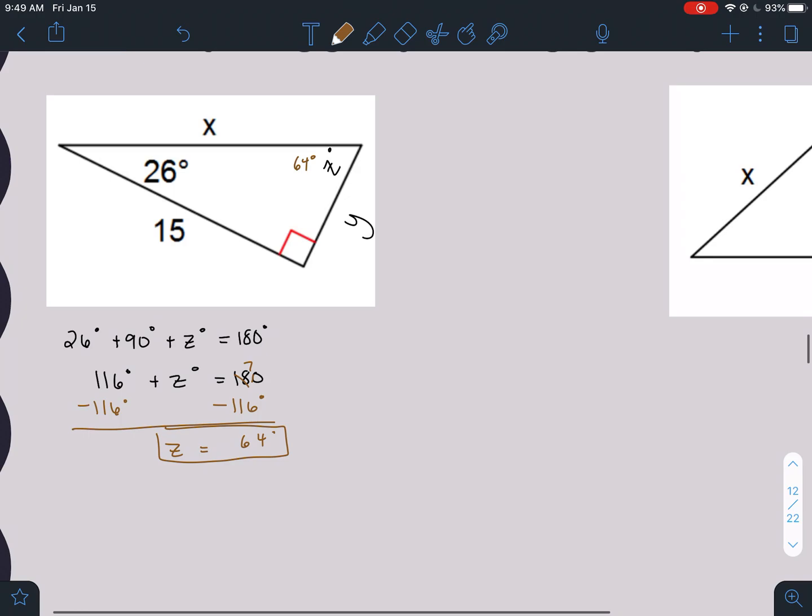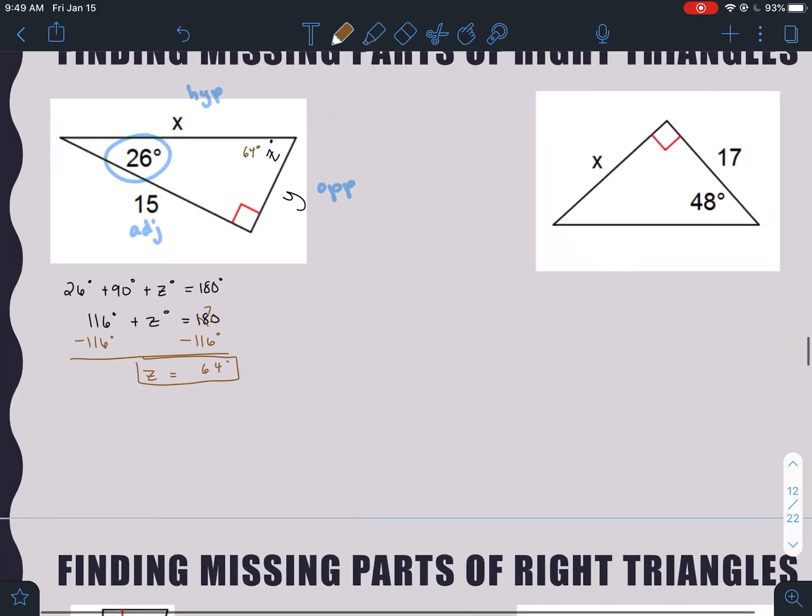And now to find the missing sides, we're going to circle an angle and label the sides. So we'll circle 26. y is the opposite. x is the hypotenuse. And then 15 would be the adjacent. And so now we have the sine of 26 equals opposite over hypotenuse, so y over x.